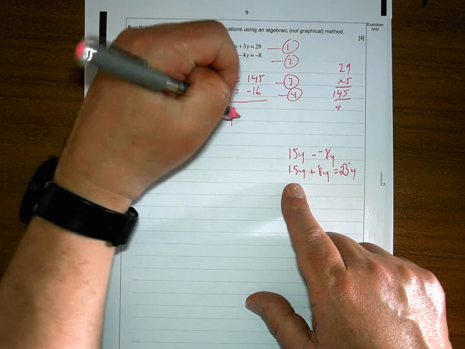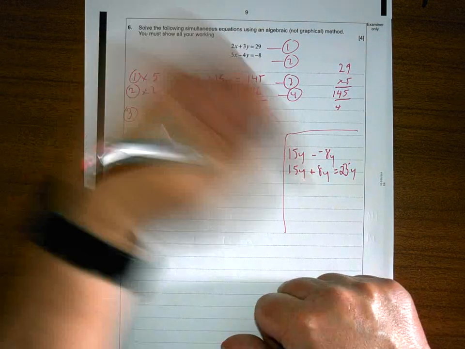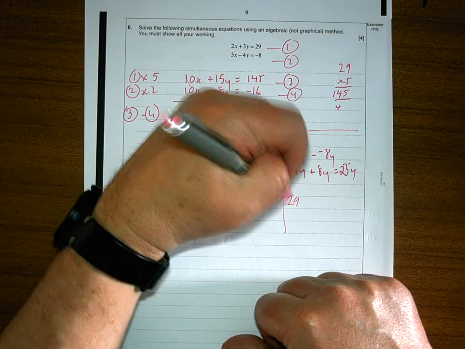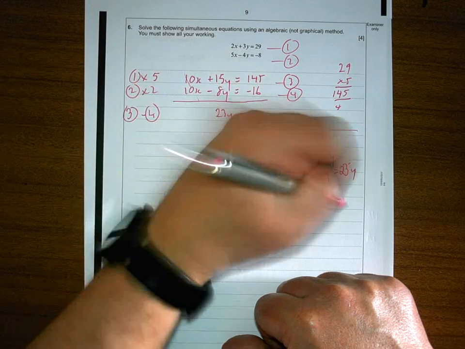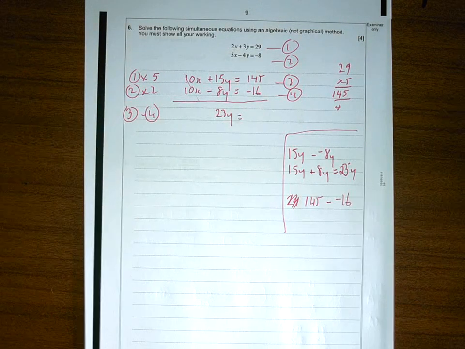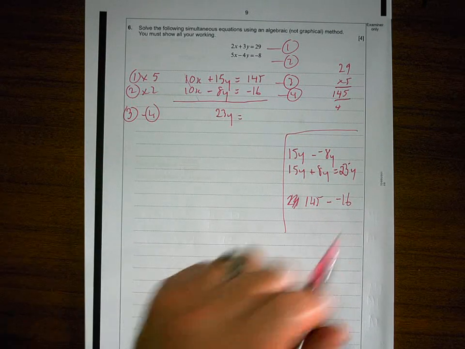And then similarly here, I've got 29. No, I haven't. I've got 145 take away a negative 16. Sometimes those values are positive and it's just normal, but if you're subtracting a negative number, you've got to be careful.